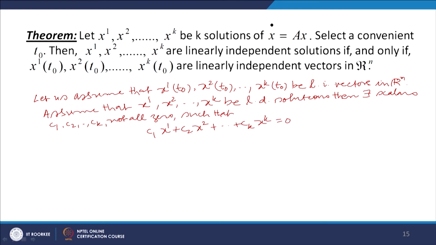This equation holds for all t. Okay, x1 is a function of t, x2 is a function of t. So, C1 x1(t), C2 x2(t) and so on Ck xk(t) is equal to 0.